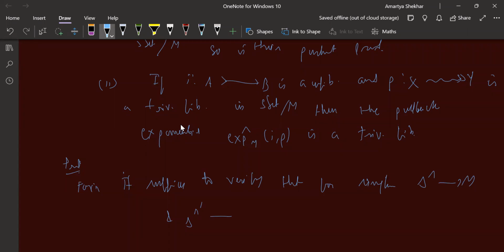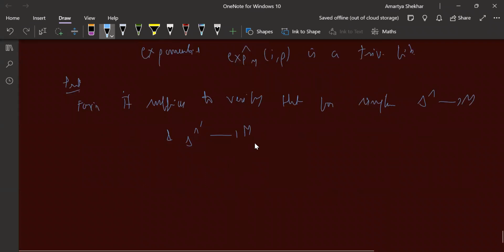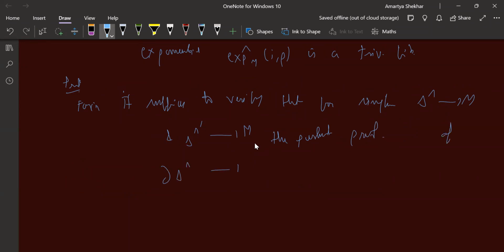So we know that the pushout product of cofibrations is a cofibration.